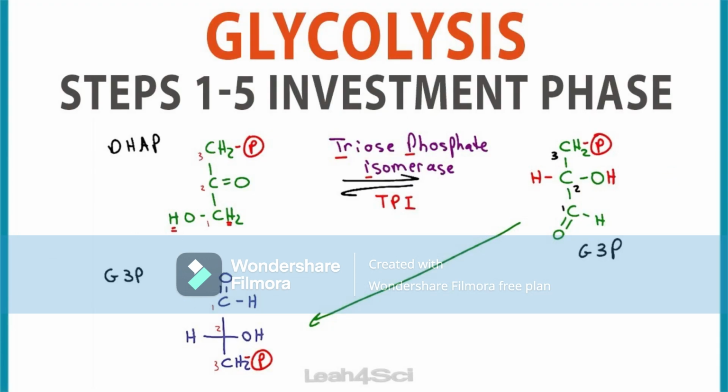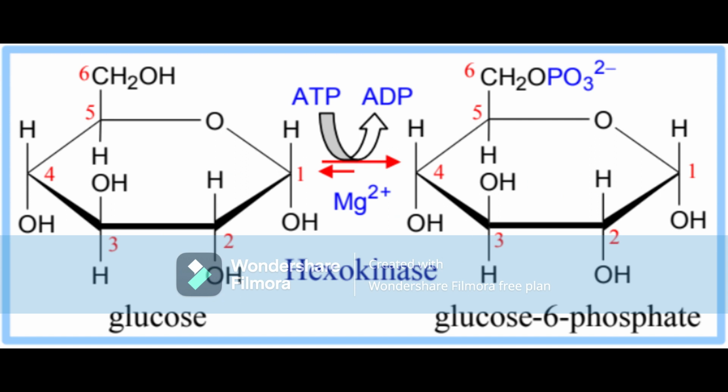Okay, let's start with the energy investment phase, which has the first four steps of glycolysis. The first one is that glucose is phosphorylated by the enzyme hexokinase to produce glucose 6-phosphate, or G6P.